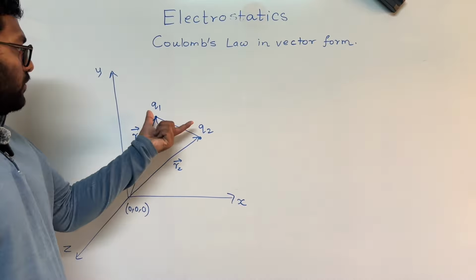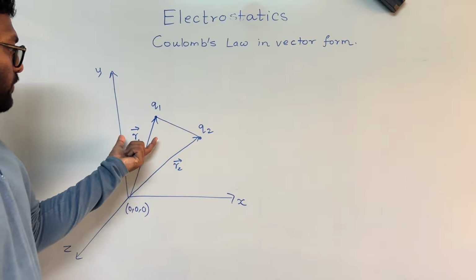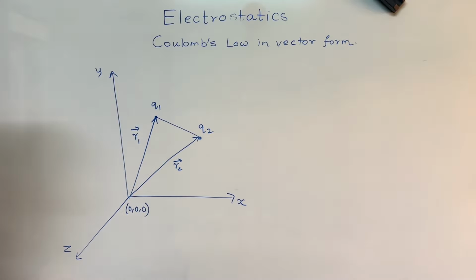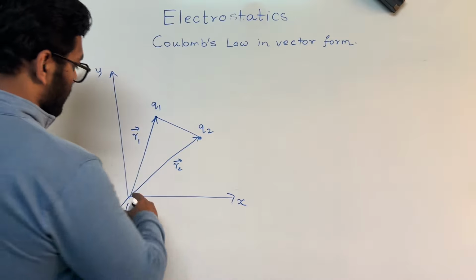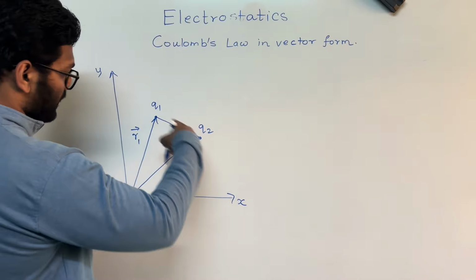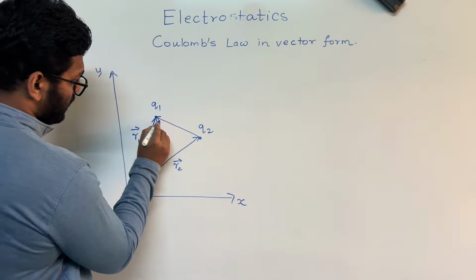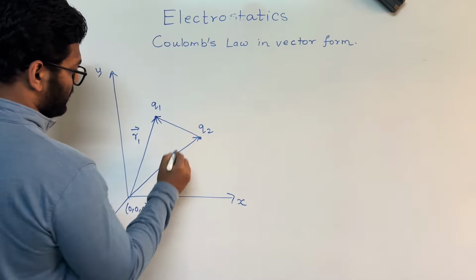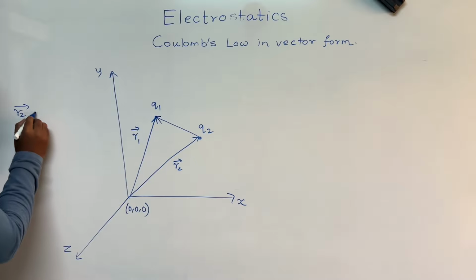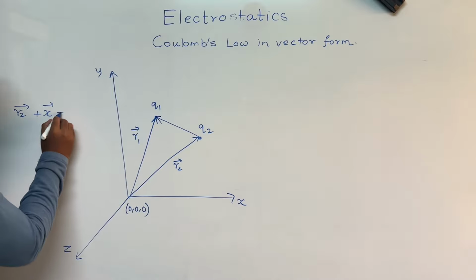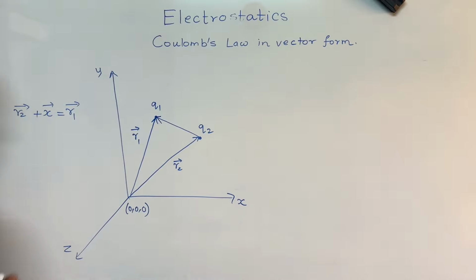Now I want to write the force between Q1 and Q2 in terms of R1 bar and R2 bar. So what is this vector? See, if I write R2 bar plus some vector, let's say this vector is x bar, then R2 bar plus X bar is going to be R1 bar.